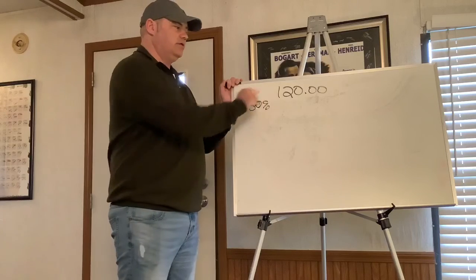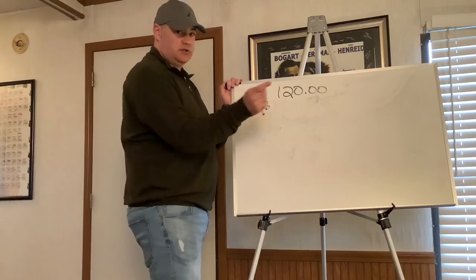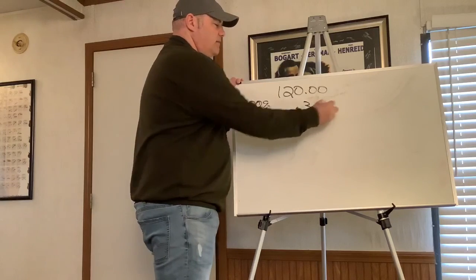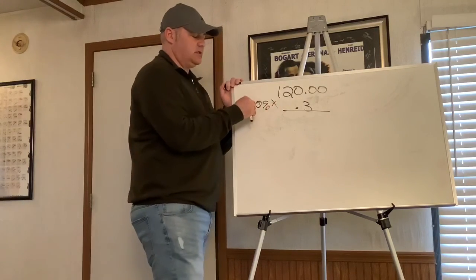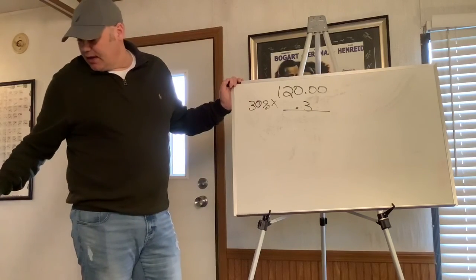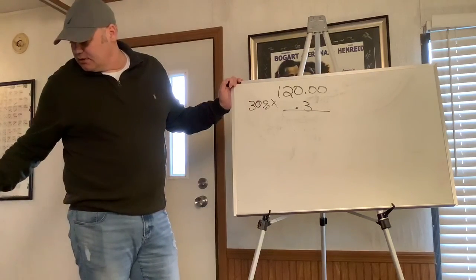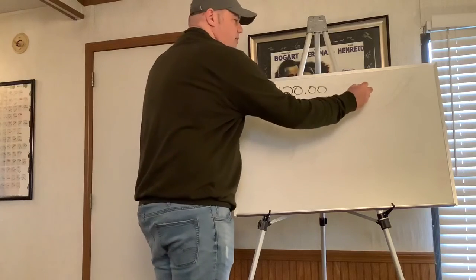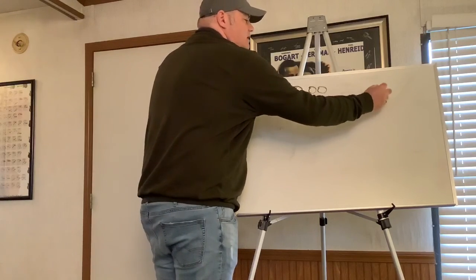To figure this out, I can just do what we did. Take $120 times 0.3, because if you move the decimal twice, it's 0.3. When I do that, $120 times 0.3, I get $36. So 30% off is $36.